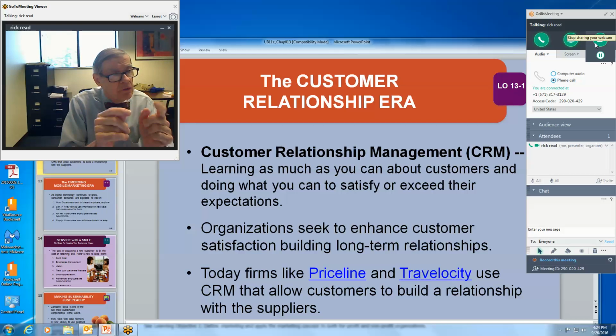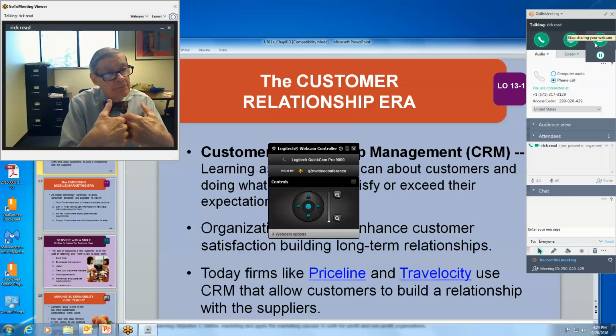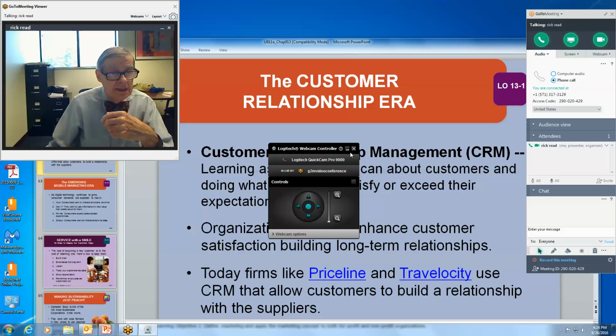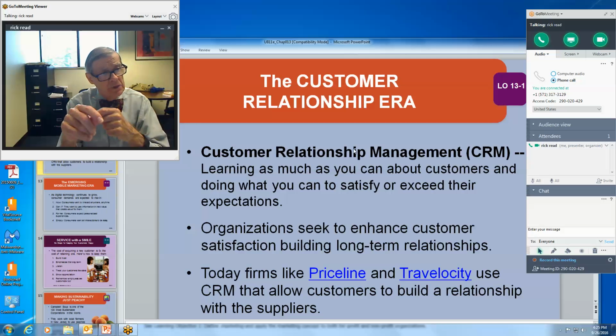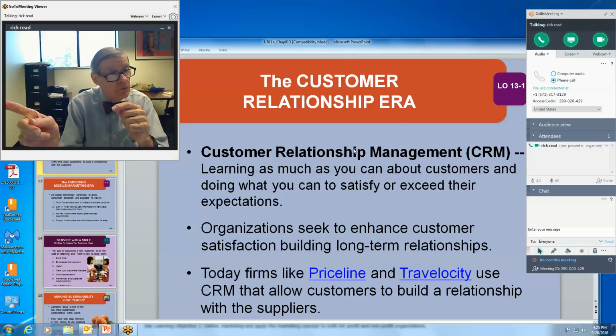And then we have to do all the things that we possibly can to satisfy those needs. And look at the next word, exceed them. And why do we want to exceed? Well, we want to exceed because we want repeat business. And yes, we may get repeat business if we satisfy the customer, meet his or her expectations. But as soon as somebody else comes along that exceeds those, that customer is going to go elsewhere.